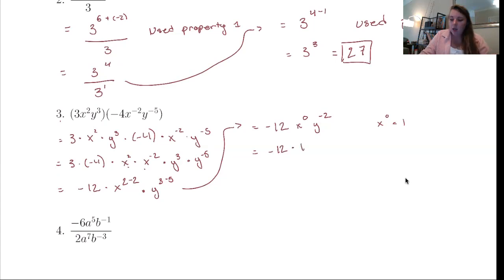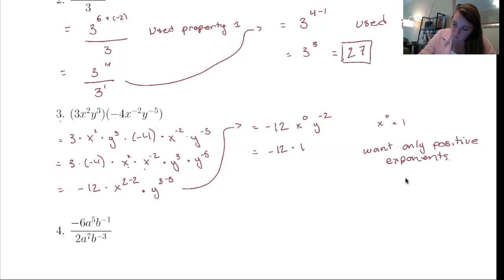And then it should specify, and I always specify on my exams: write your answer only in positive exponents. So let's say we want only positive exponents.